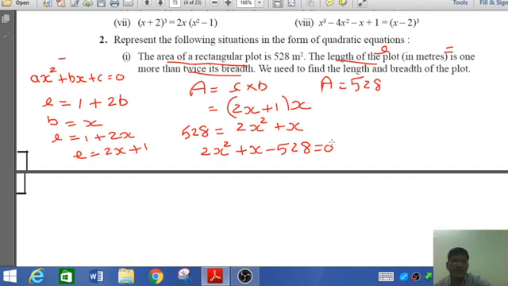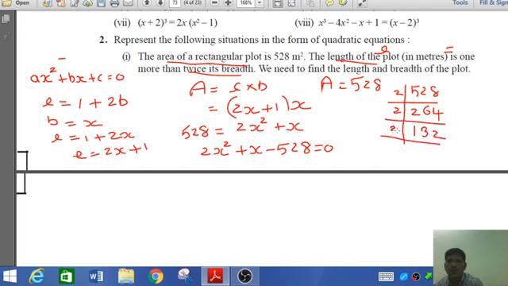Now make a factor of it. So 528 we have to convert into prime factors: 2, 4, 132, 2, again 2, again 2, 3, 11, and already 2 is here.